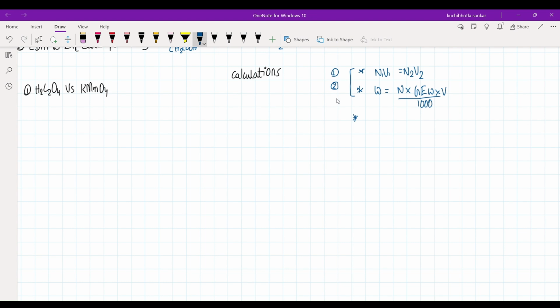And we have something else for the third. We are going to use it for the fourth titration as well. And this formula we are going to use for first, second, fourth and fifth as well.